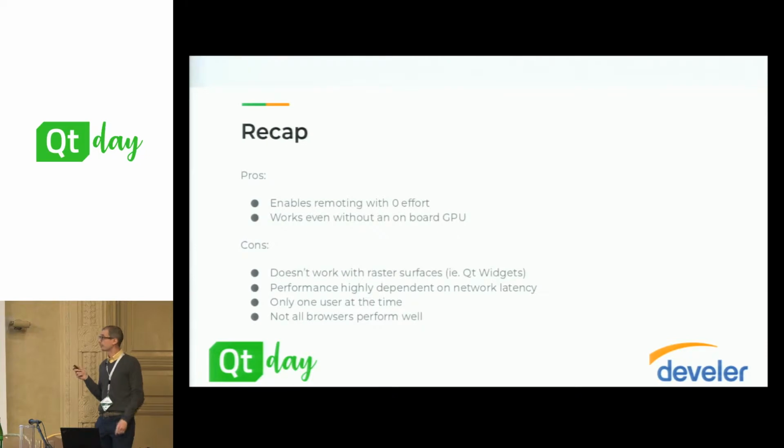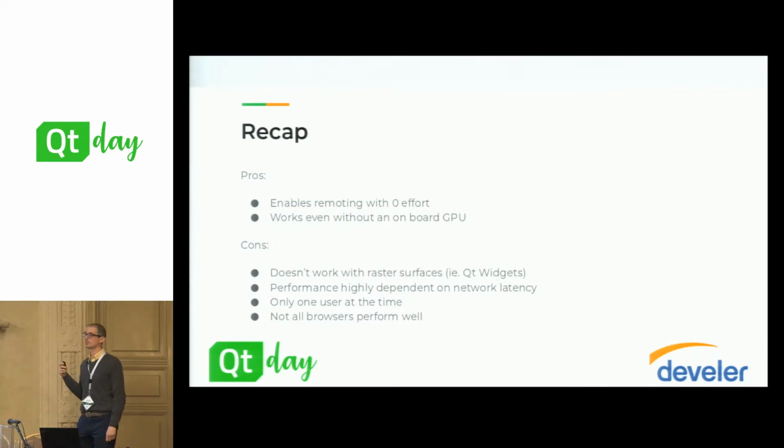OK. The pros of this solution is that it enables remoting, again, with no effort. And it works even without an onboard GPU, because it just sends commands down a socket. The cons is that it doesn't work with raster surfaces, which means Qt widgets. So if you have a Qt widgets application, you cannot use this solution.